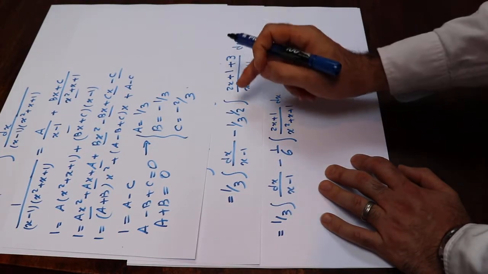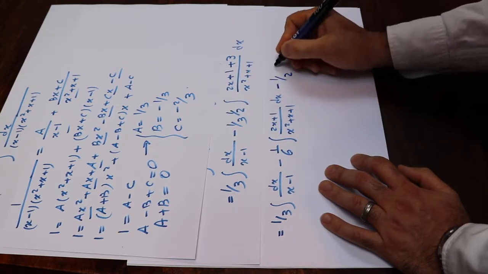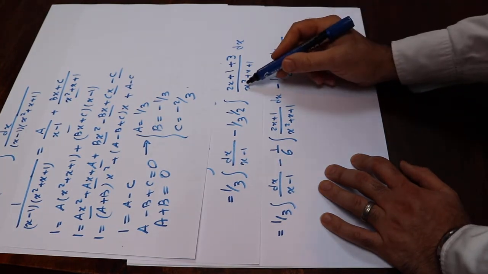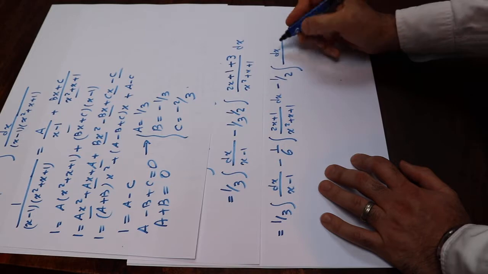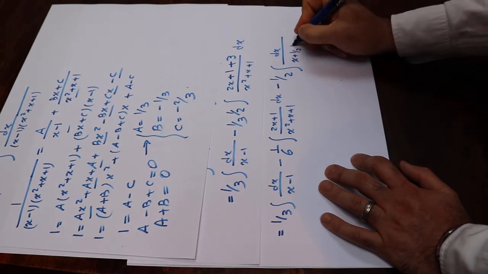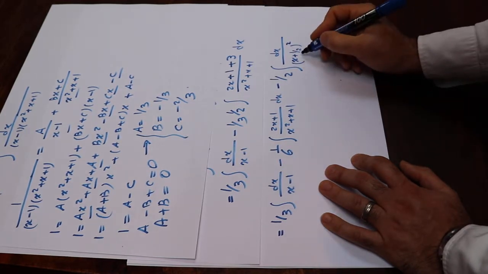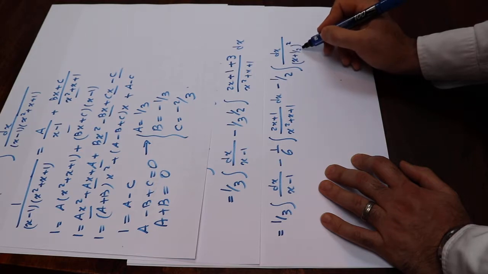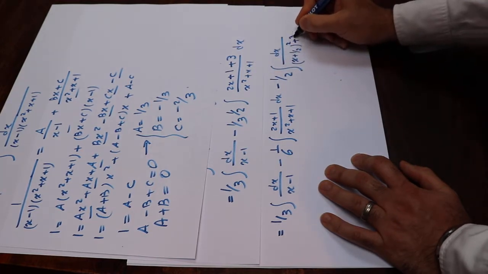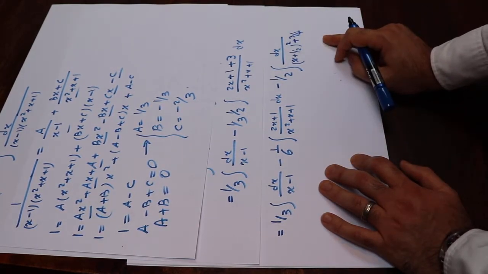Okay, but 3 times 1 divided by 6 is equal to minus 1 divided by 2 integral of dx. Okay, and instead of x² plus x plus 1, I write (x plus 1 divided by 2) to the power of 2, okay? Because this one will be x² plus x plus 1 divided by 4. Here I have 1, but here I have 1 divided by 4. Therefore, I write 3 divided by 4, okay? So the rest is relatively easy.